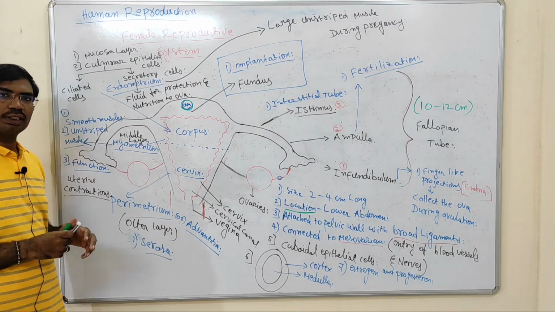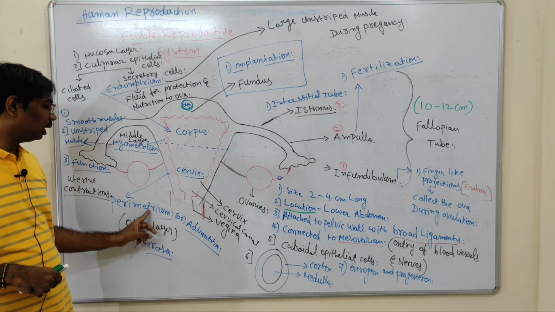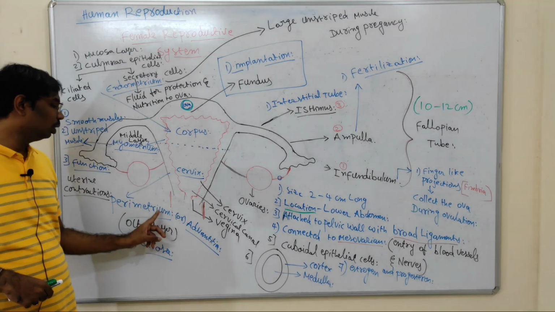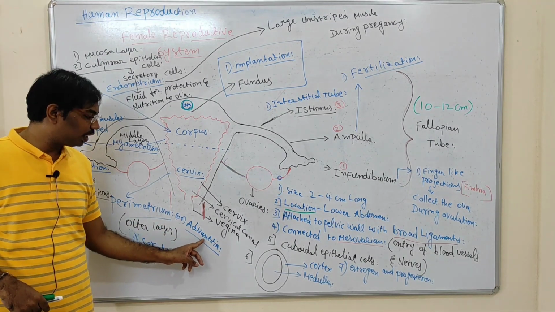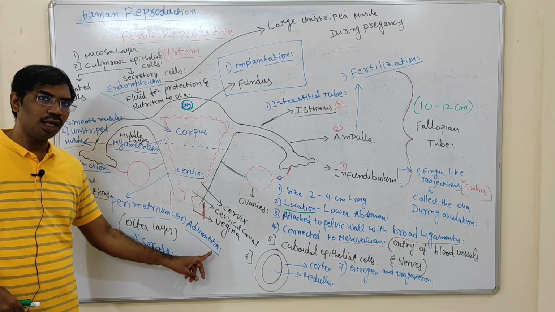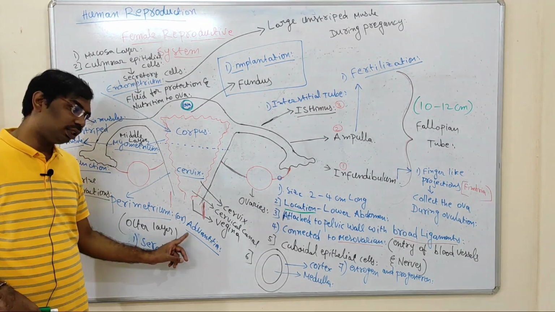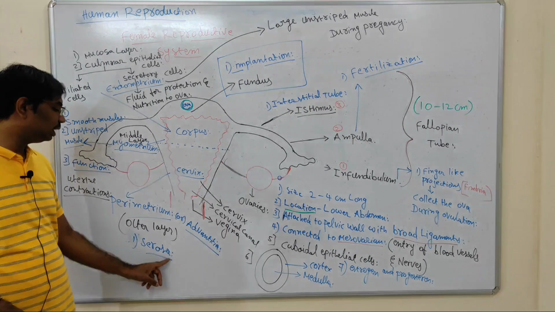First we will discuss the perimetrium, the outer layer of the uterus. Another name for the perimetrium is adventitia. This is the outermost layer and it is covered by the serosa.